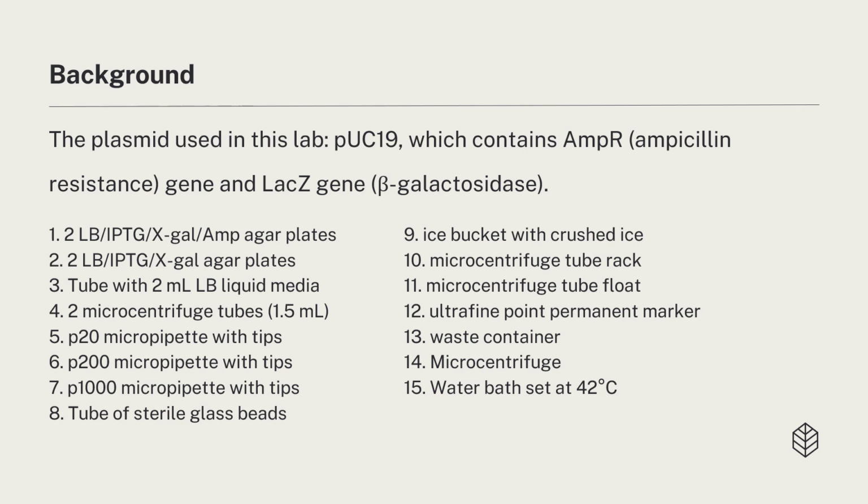These two components enable us to identify transformed bacteria by the expression of beta-galactosidase, which will produce a blue color in the presence of X-gal. And the things below are the materials we need to use during the experiment.